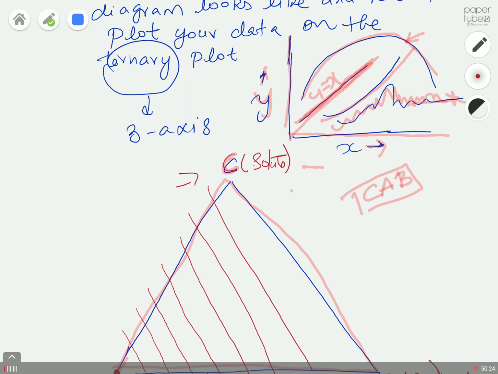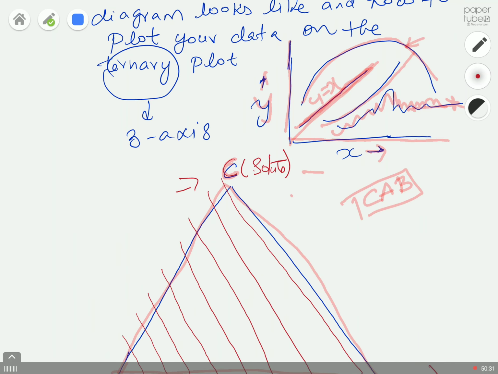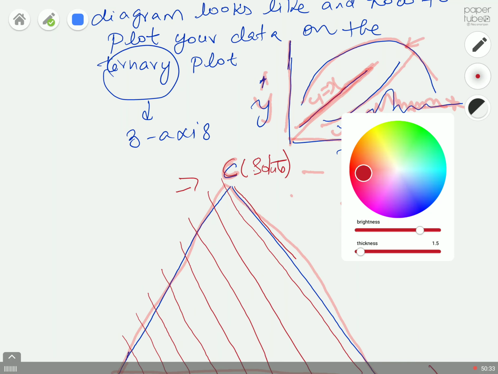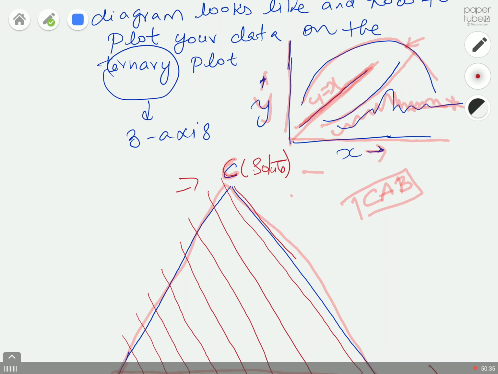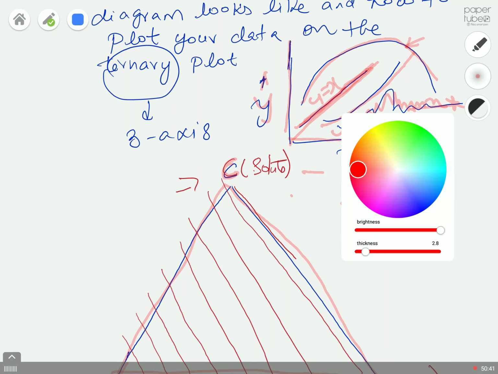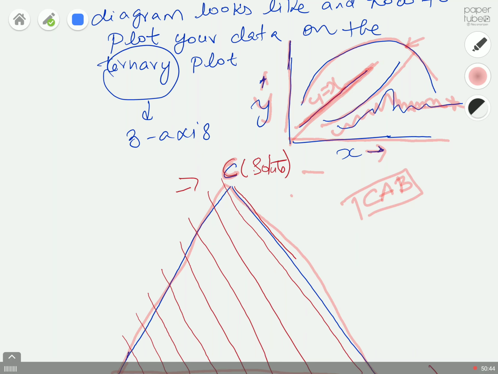I didn't draw well, it should be parallel. So if it's 100% A here, whatever line you see here, the last line, that's 0%.